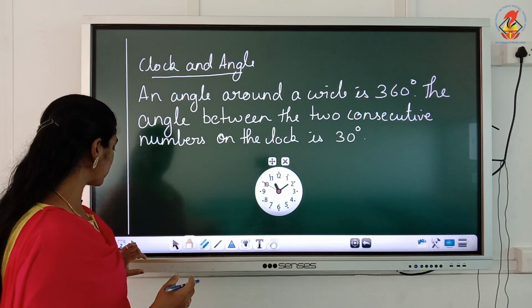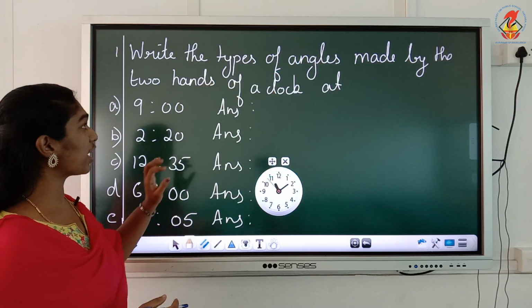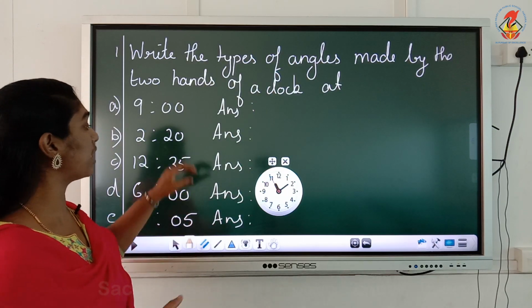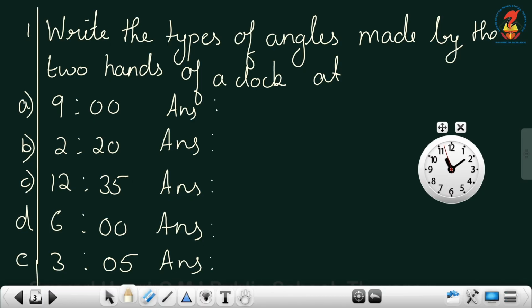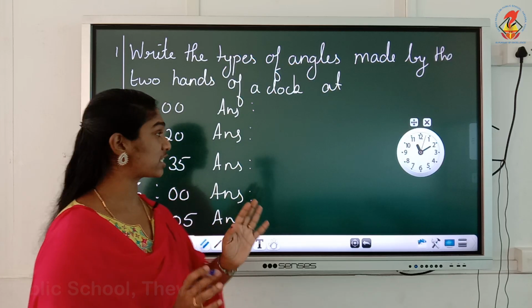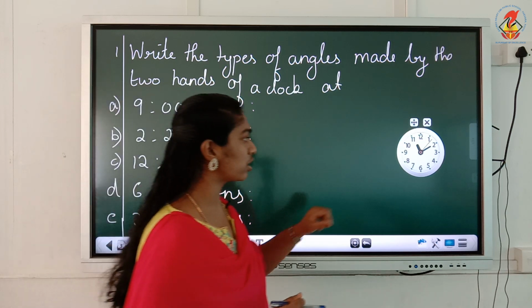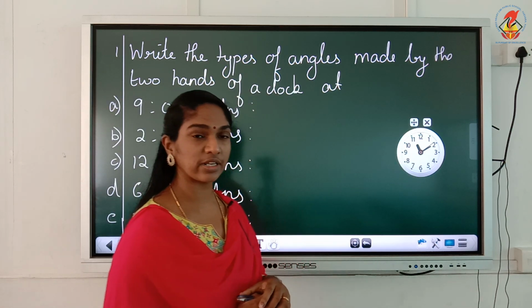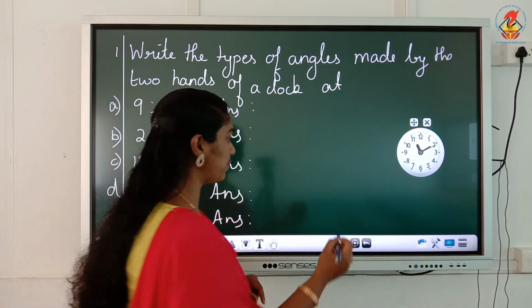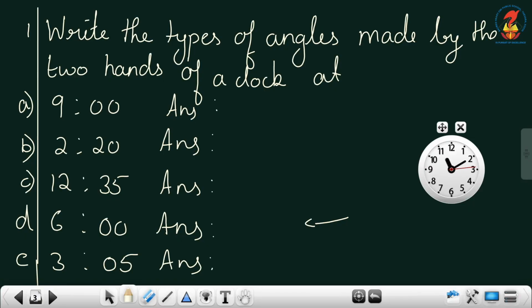Now we'll do some questions based on this. Write the types of angles made by the two hands of a clock. You have to write the type of angle made by the two hands of the clock at 9 o'clock. How will the hands be, children? Your hour hand will be at 9 and your minute hand will be at 12.